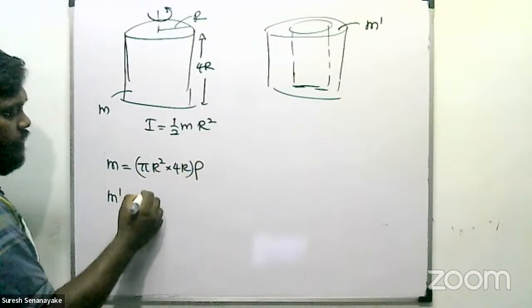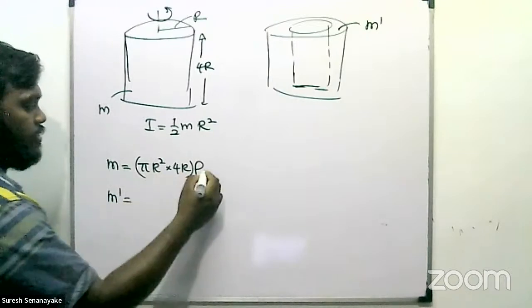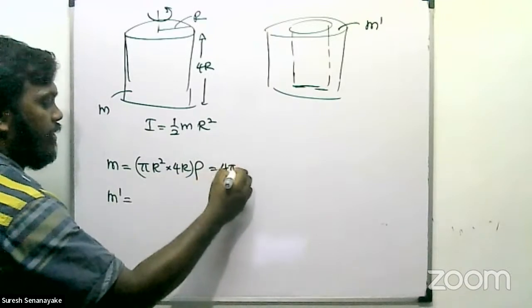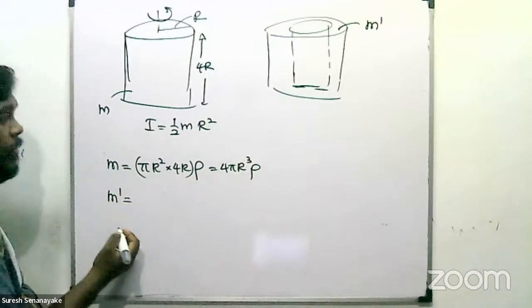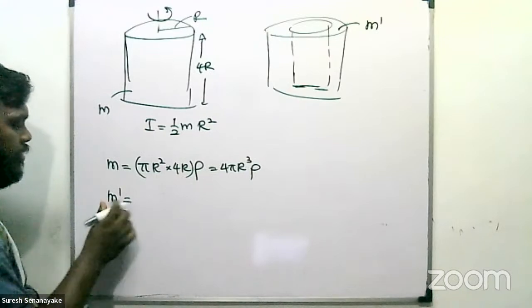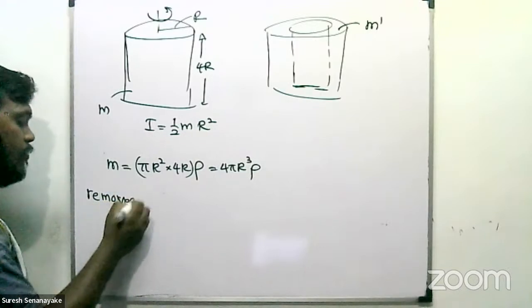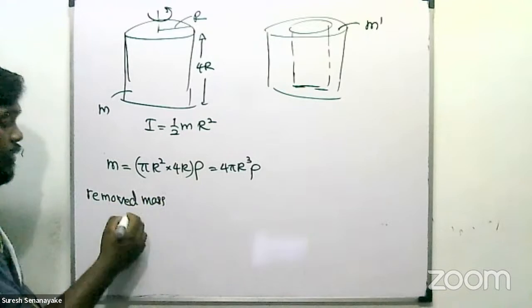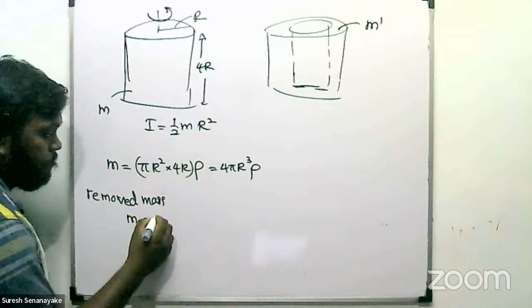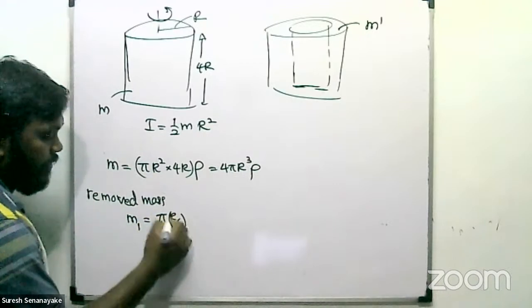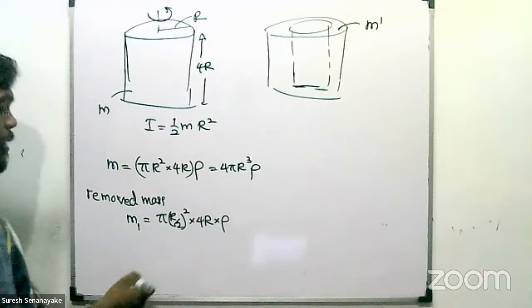The removed mass, let's say m1, is pi times r over 2 squared into 4r, volume times density.